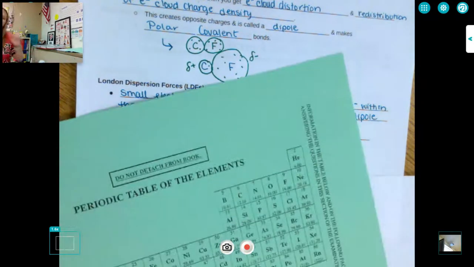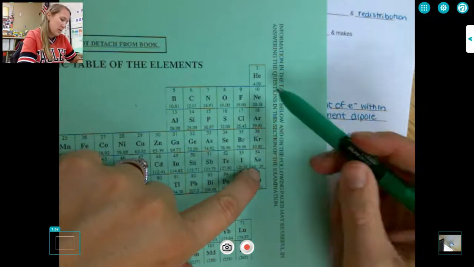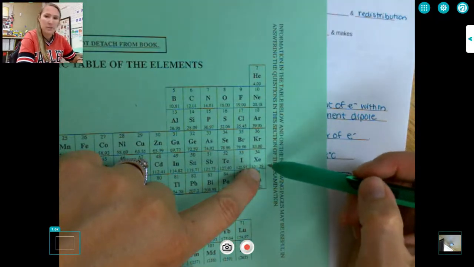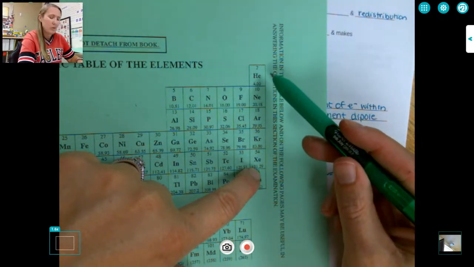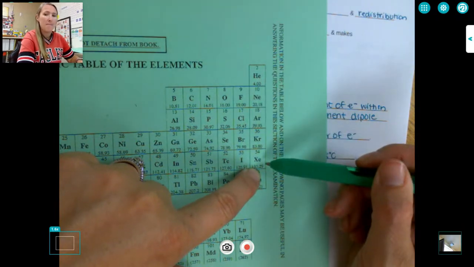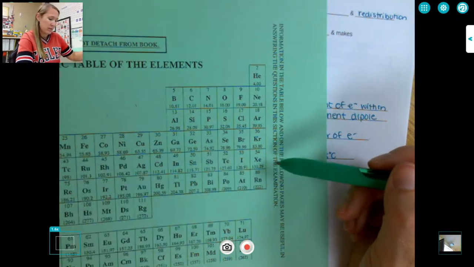All right, so if we're looking at xenon and helium, right? Helium up here in row 1, xenon way down here in row 1, 2, 3, 4, 5. Okay, so xenon has 5 shells of electrons. Helium has 1 with 2 electrons. So xenon is way bigger, so its surface area is bigger, and it has way more electrons.